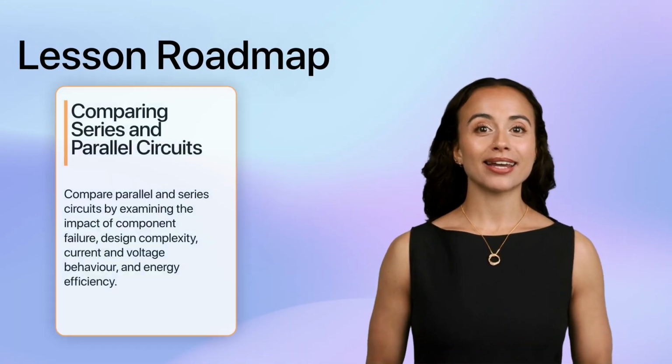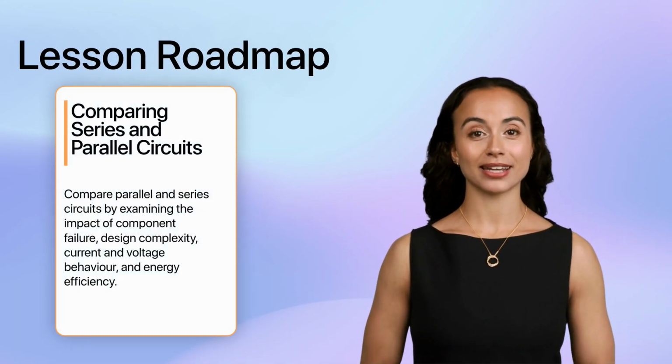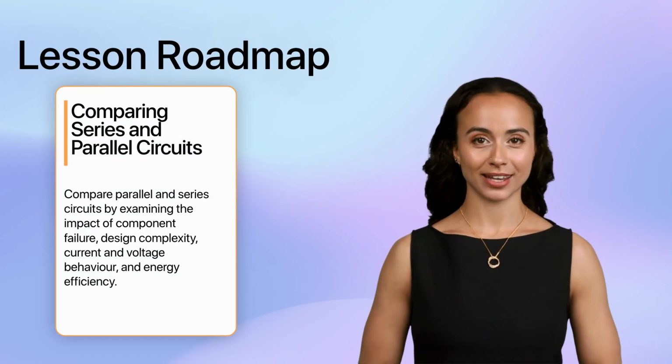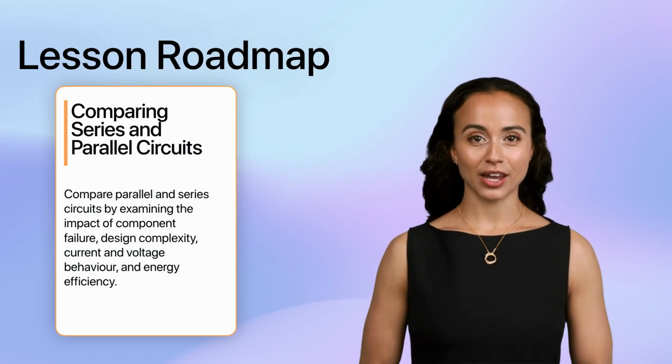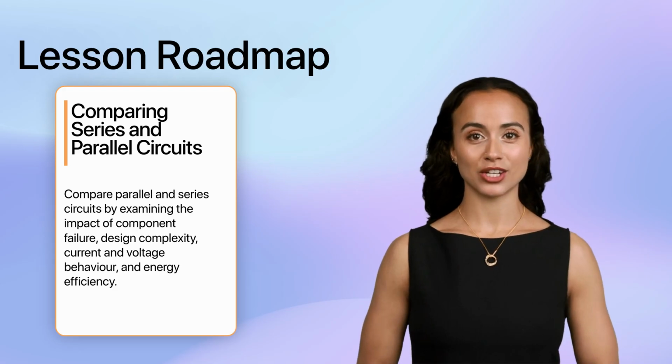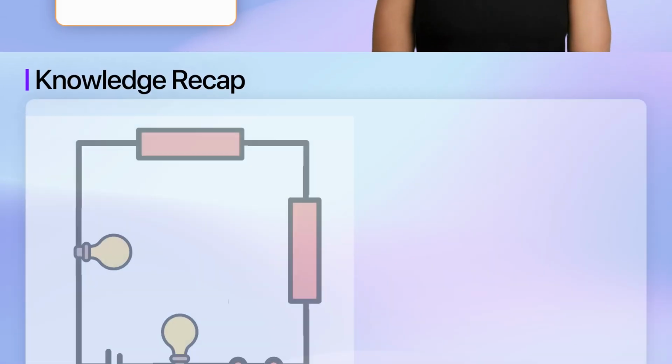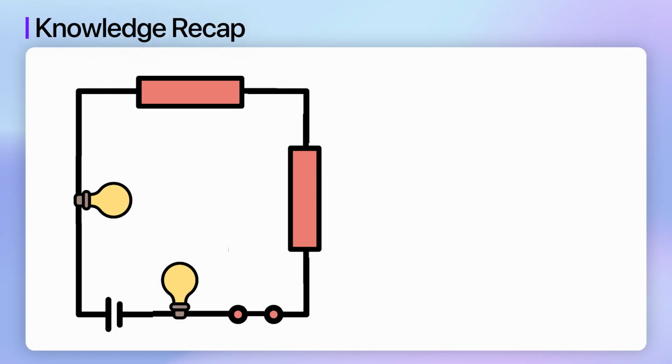Today we will compare series and parallel circuits by examining the impact of component failure, design complexity, current and voltage behavior, and energy efficiency. So far, you have gained a solid understanding of how current, voltage, and resistance behave in series and parallel circuits.